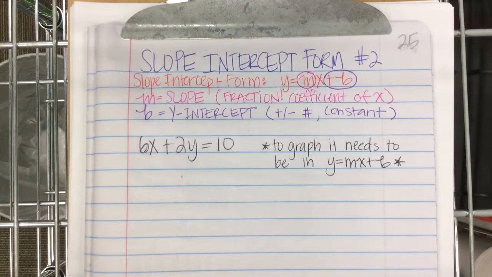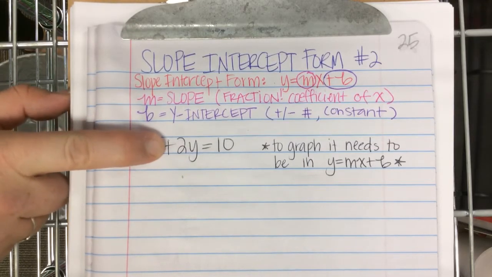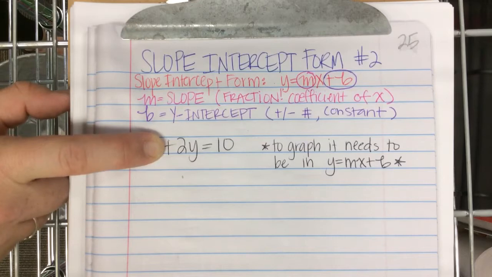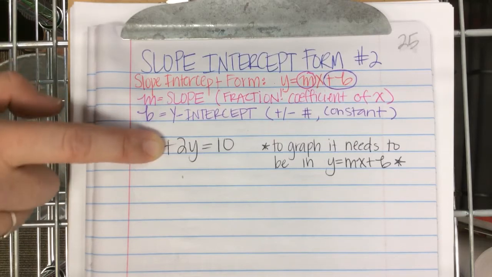Now, yes, we learned, if it's written in standard form last week, that you could do the intercepts, right? You could cover up 6x. So what's your y value? 2 times what is 10? 5. So you go to the y-axis and put a dot at 5.